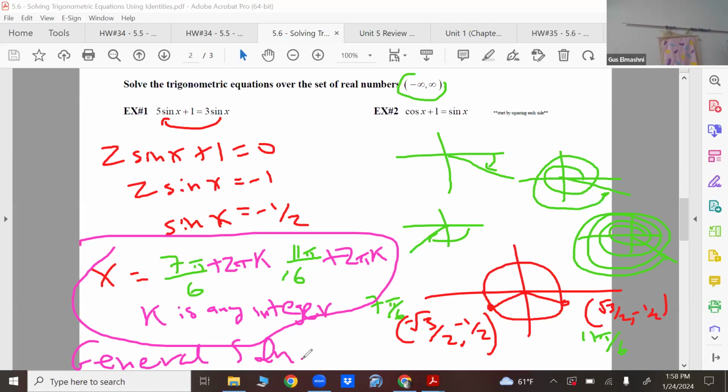K could be 1, 2, 3, 4, 5, 6, 7. K could be -1, -2, -3. There are infinite possibilities. And why are there infinite possibilities? Because look at the graph. Let's say I focus on this part, after I move everything to one side. Let's say I graph that in Desmos, 2 sine x plus 1.